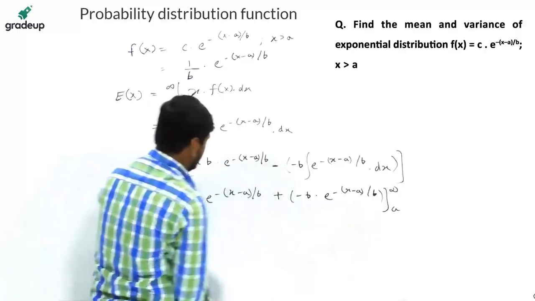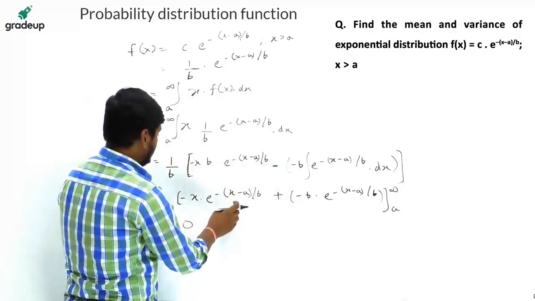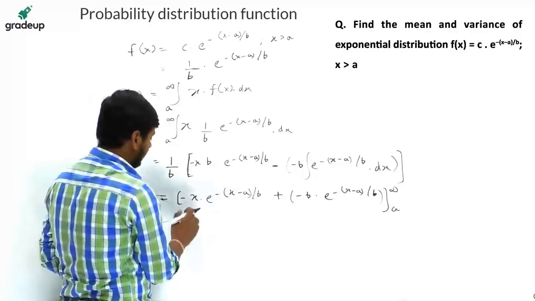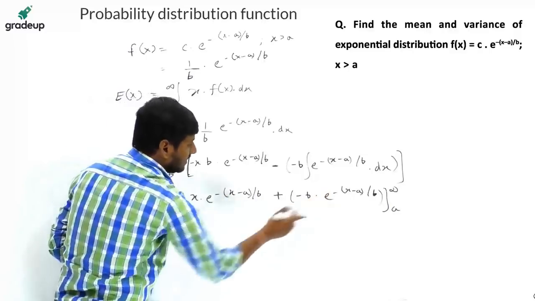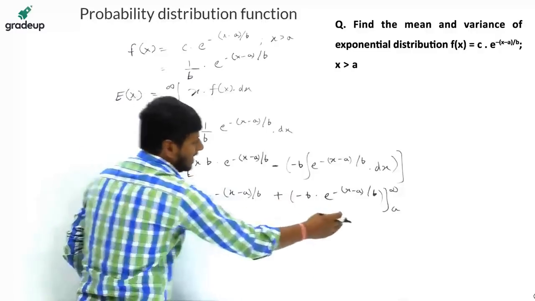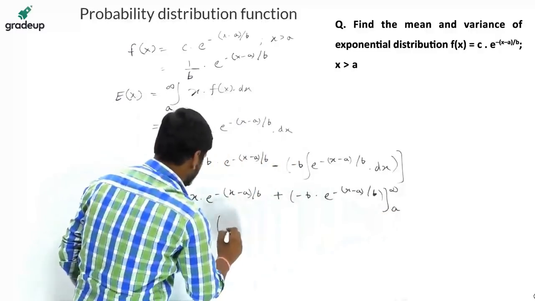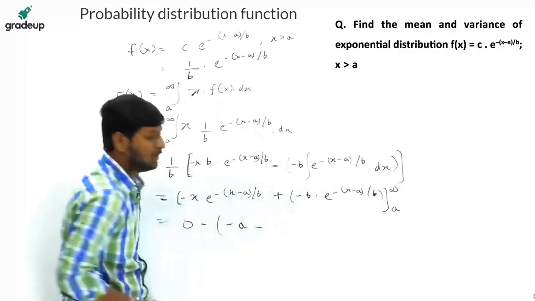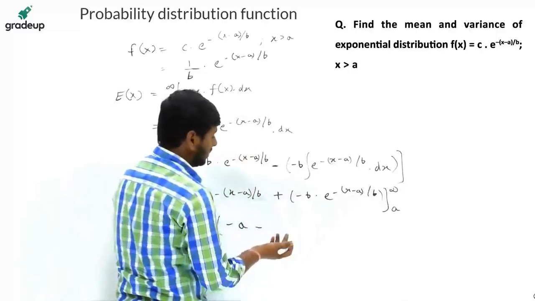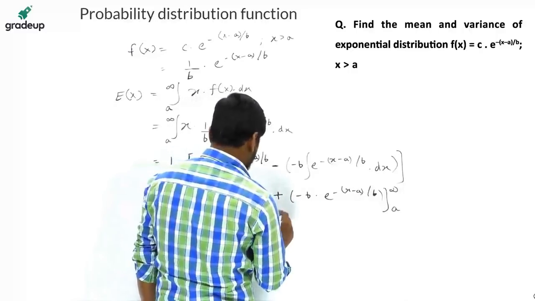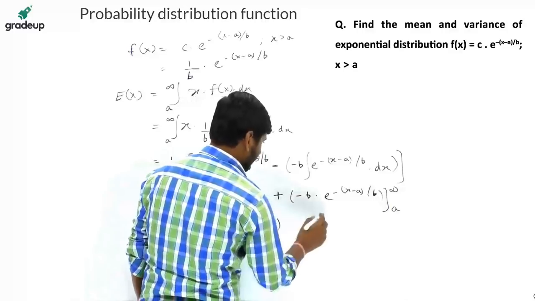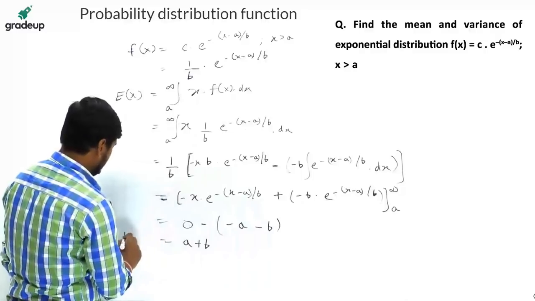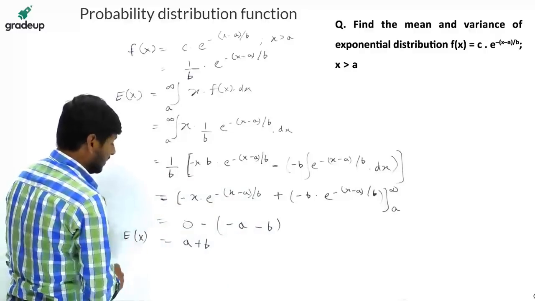And if we put a, we get a e to the power a minus a is 0, so we get minus a, since a is the lower limit, minus b into e to the power 0 is again b, minus b. So this is equal to a plus b. Mean is equal to a plus b.